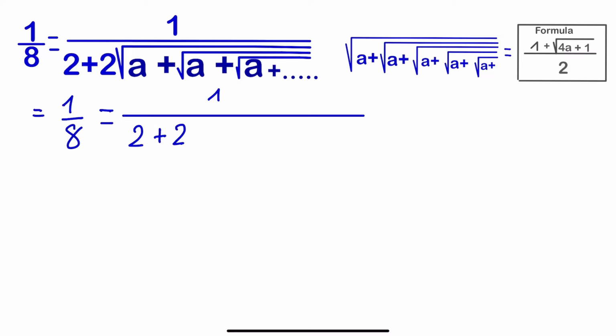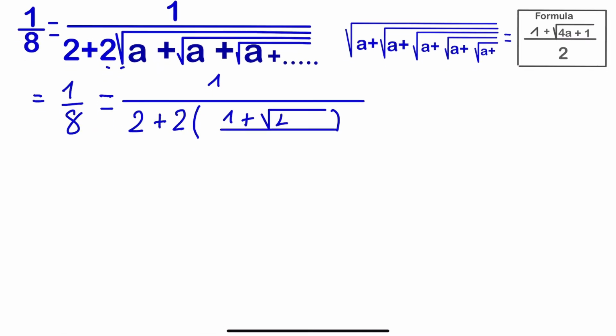Since it's the product of 2 times the infinite square root, I will replace it with the formula: 1 plus the square root of 4a plus 1, divided by 2.